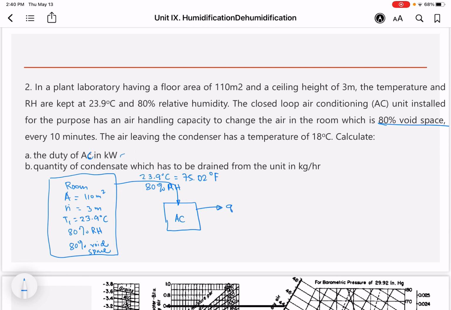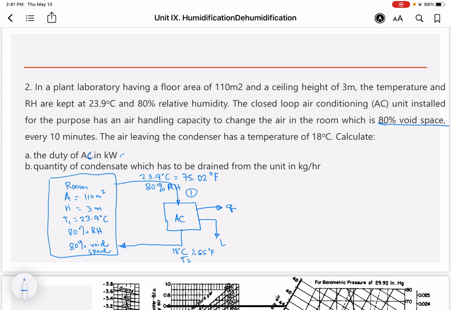It has to get the Q, the duty of the condenser, and the quantity of the condensate, the L. If this is at point 1, the point 2 that is being supplied to the room by the air conditioning unit would be at 18 degrees C leaving the condenser, or roughly 65 degrees Fahrenheit. So this is my T sub 2. Okay?